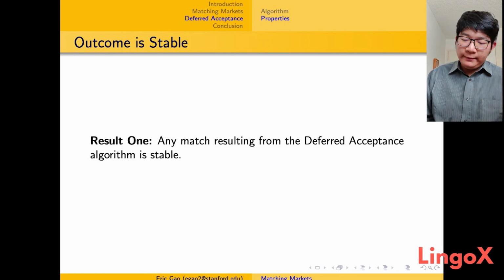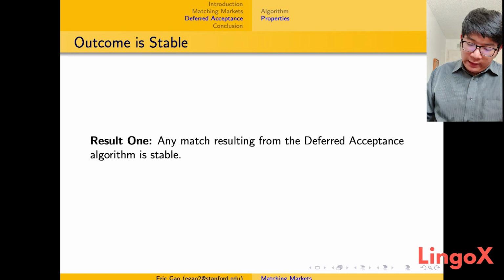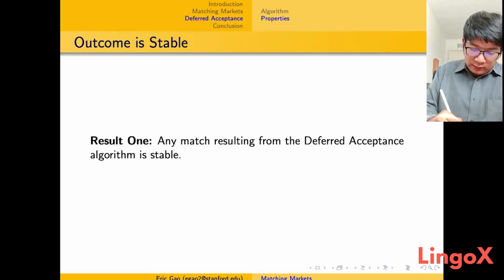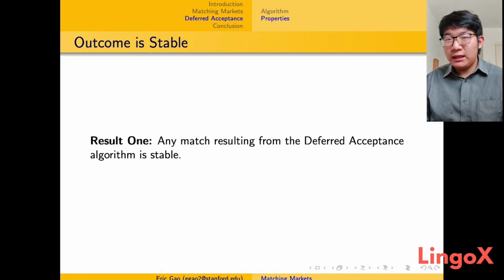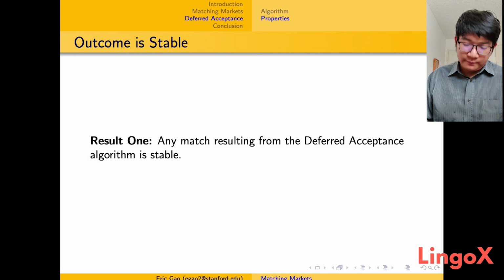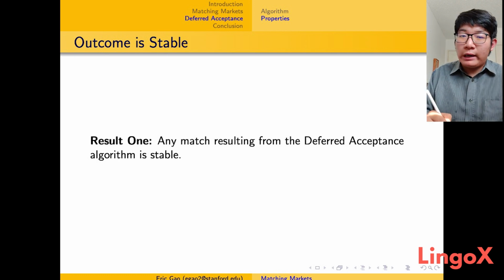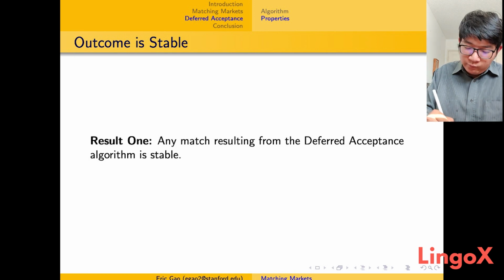To show why this is stable, this is the same thing as showing that there are no blocking pairs, because by definition, a matching is stable if no one blocks it. And since a blocking pair requires both a student and a university, it suffices to show that no student will be in a blocking pair.